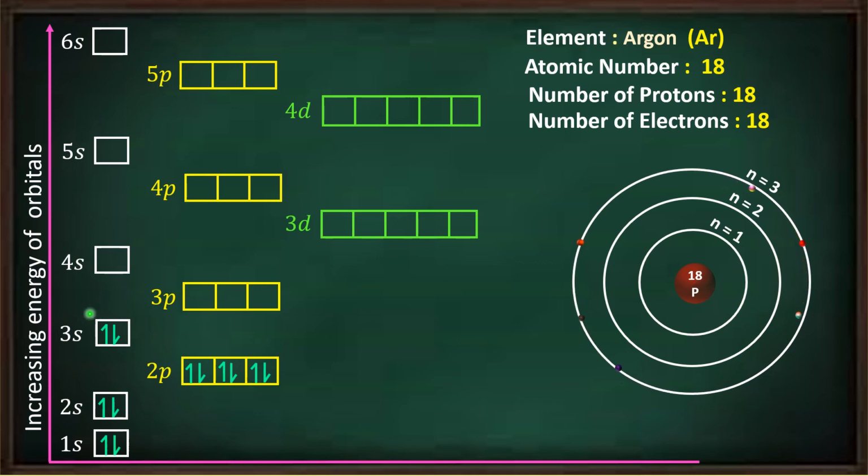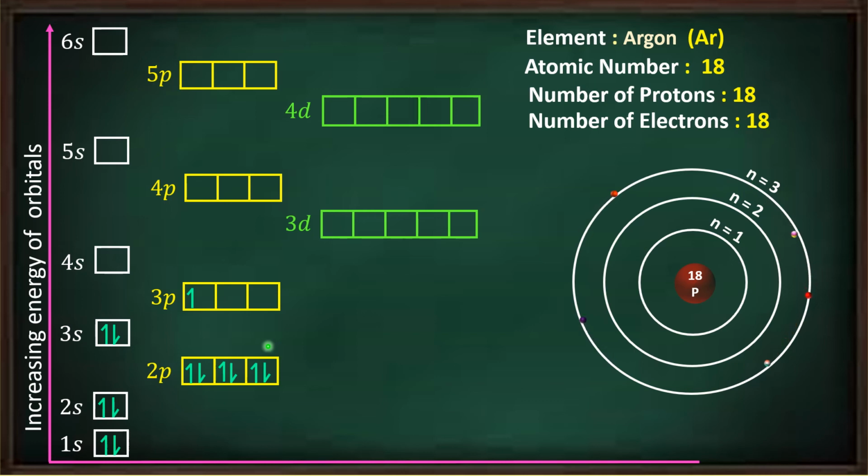So totally 12 electrons have been filled. Next, 13th electron occupies one of the empty orbitals of 3p, because 3s orbital is completely filled, then electrons enter into 3p.